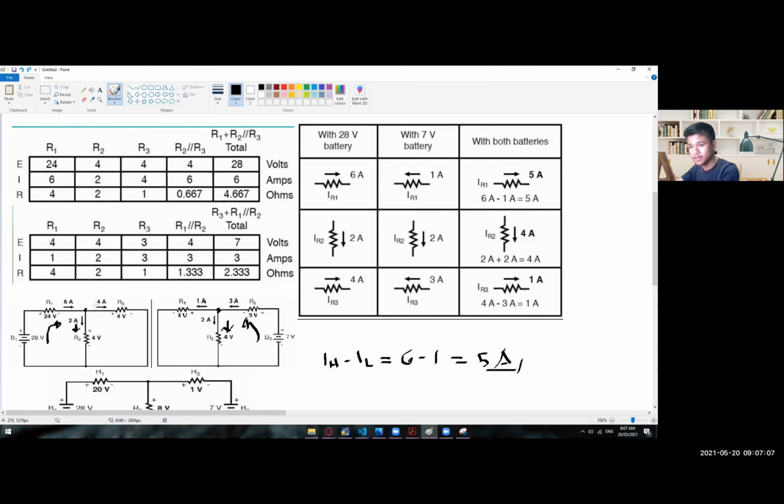One is going on this side, and another one is going in from here to there. So we have 4 amps for the left side, and then 3 amps for the right side. So 4 minus 3 is equal to 1 amp. That's how we got those results.